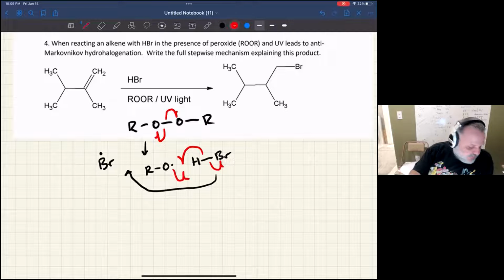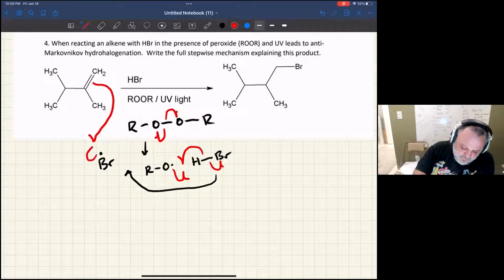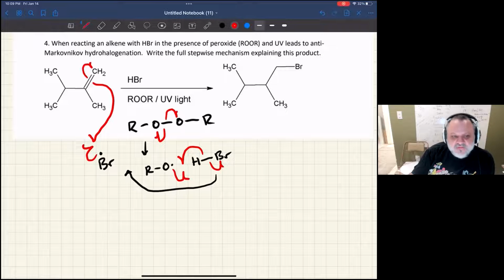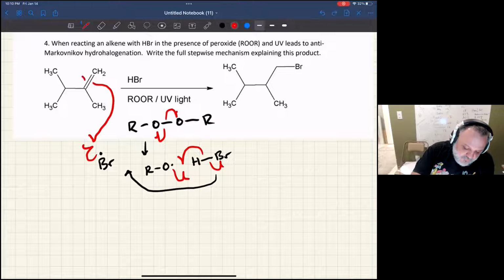Okay, it's the Br radical now that can react with the alkene. And so the alkene can come out and make a bond with the bromine radical, and then I have two choices. I can form a radical on that carbon, or I can form a radical on that carbon. And so which carbon is it that's going to form the radical?